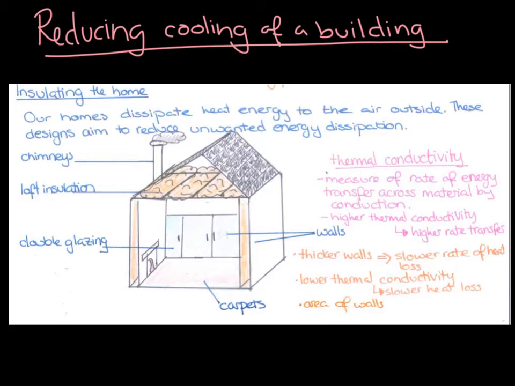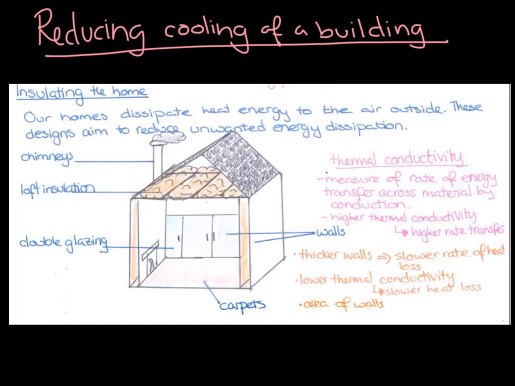Some design features include the chimney, by putting loft insulation in, by having double glazing, by doing things to our walls like adding cavity wall insulation in between two layers of bricks. We can add carpets to the floor. And all of these things will reduce the energy dissipated to the air outside our homes.